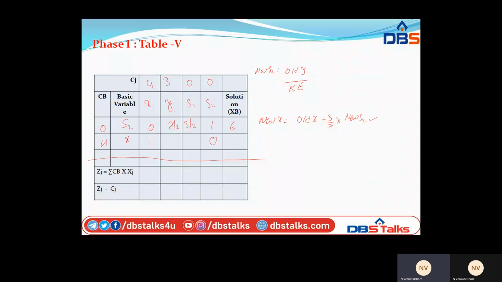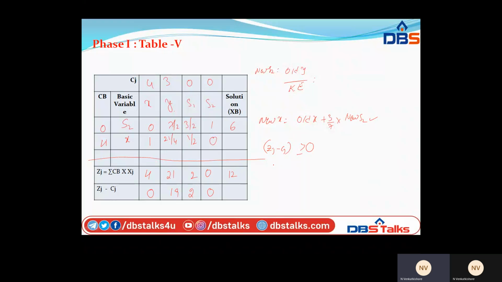If we follow these, the answers will be 21 by 4, 1 by, then do 4 Zj minus Cj, sorry, Zj, Cb into Xj. Again, 21, 2, 0, and Zj minus Cj, 4 minus 4, 0, 21 minus 3, 19, 2 minus 0, 2, 0 minus 0. So here we are getting the Zj minus Cj greater than or equal to 0 for all the values. So here we found the solution.